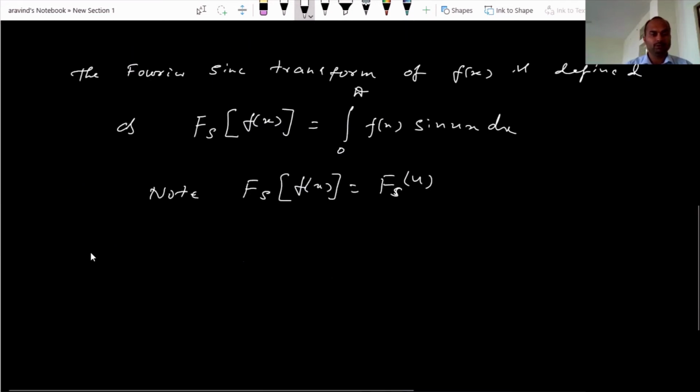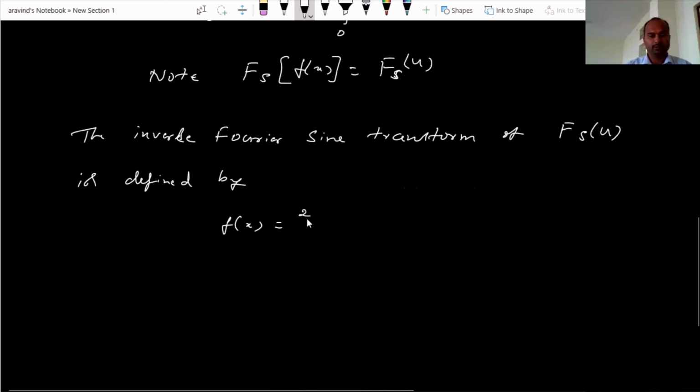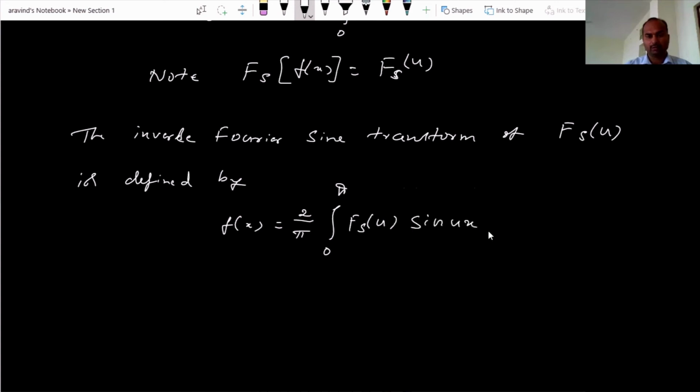Similarly, I will write the inverse Fourier sine transform. The inverse Fourier sine transform of Fs of u is defined by f of x is equal to 2 by pi integral from 0 to infinity of Fs of u sin ux du.